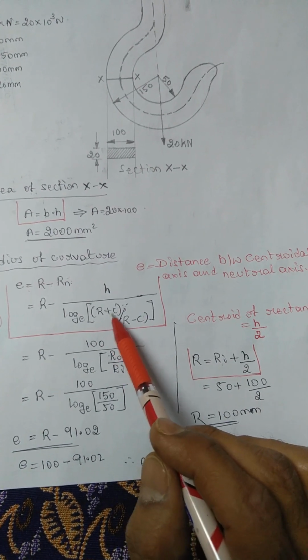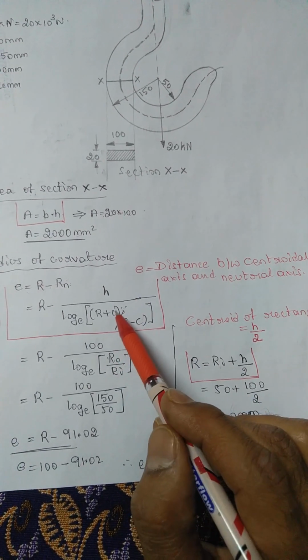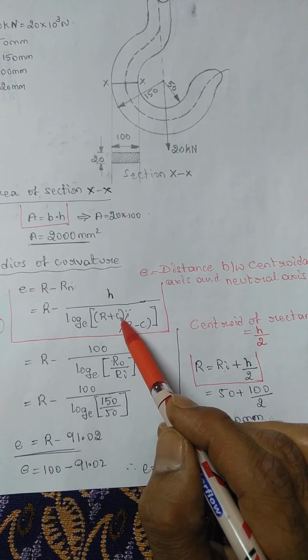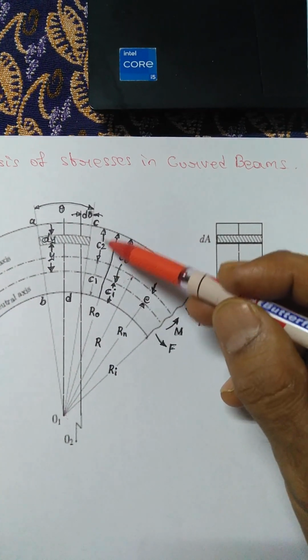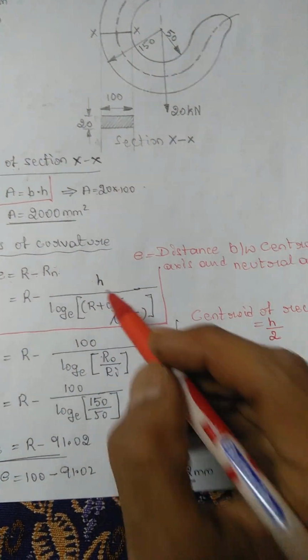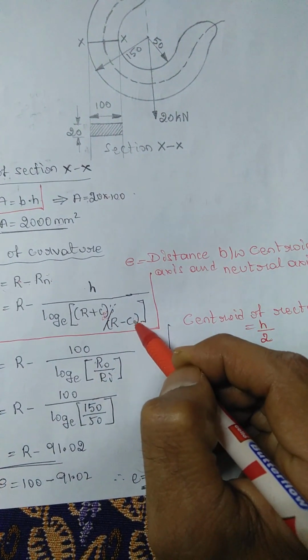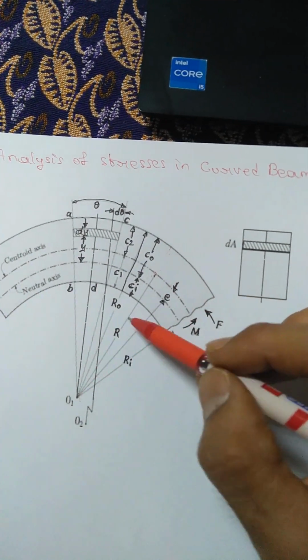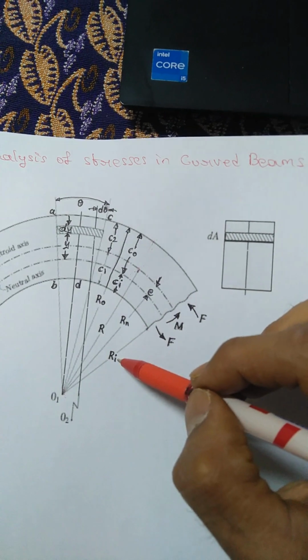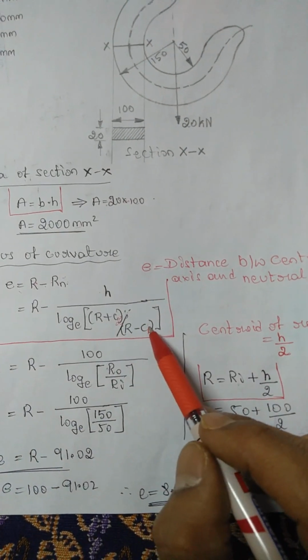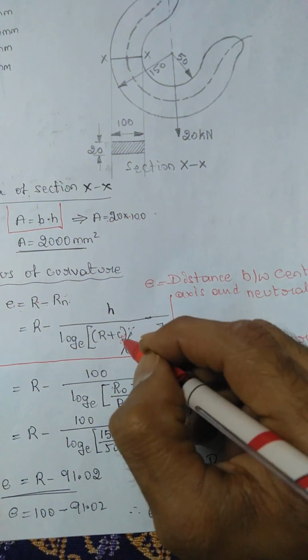In place of r plus c2 we have ro, the outside radius, and r minus c1 gives the inner radius ri. So r minus c1 is ri.